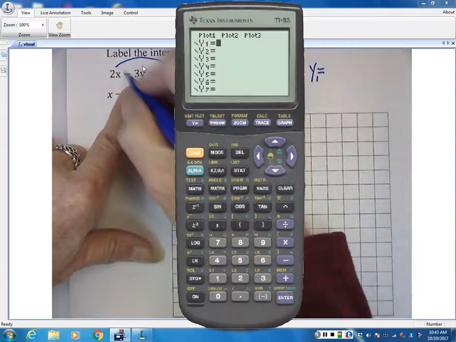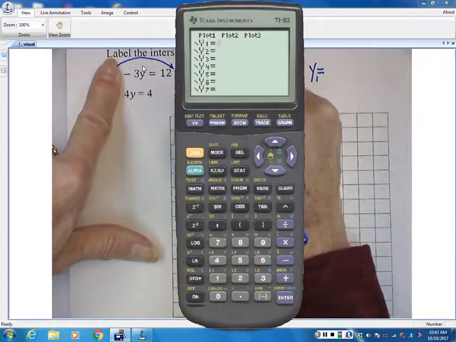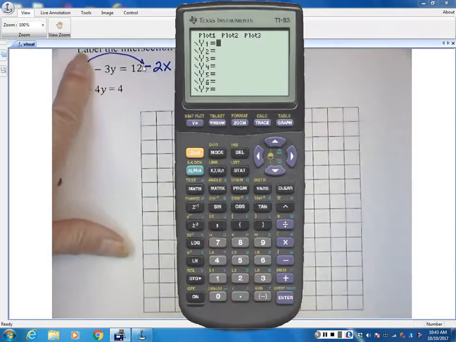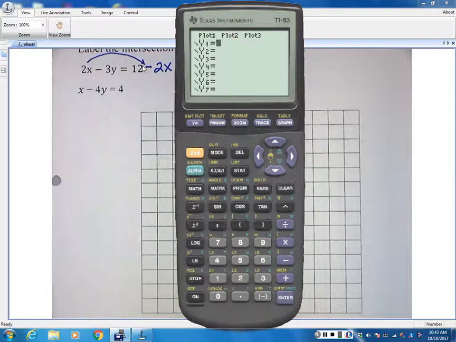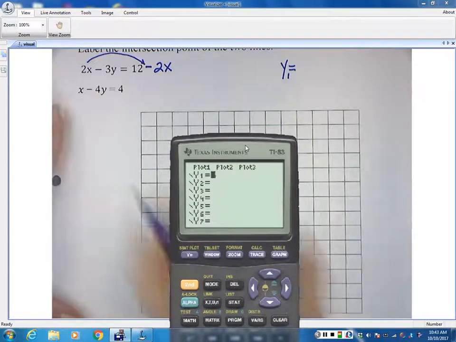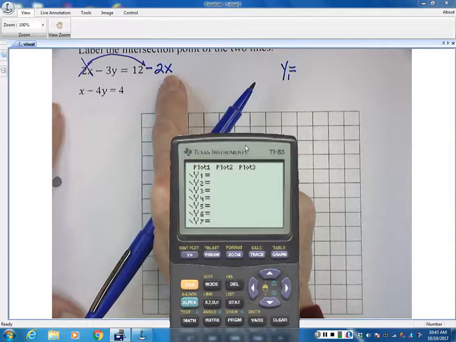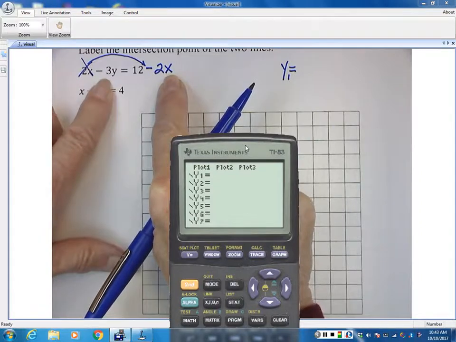So that's going to be now negative 3y equals 12 minus 2x. Okay? Negative 3y. Right. So what I've done is I've just moved this from here over to here. And now I need to divide everything by negative 3.